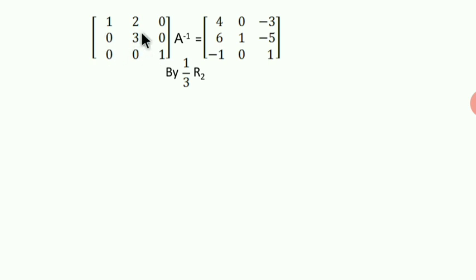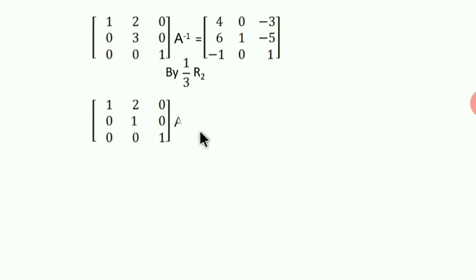So I apply the transformation 1 by 3 R2, which means we divide the second row by 3. There is no change in the first and third rows. So we get 1 2 0, first row as it is. Second row divided by 3, we get 0 1 0, and the third row as it is.